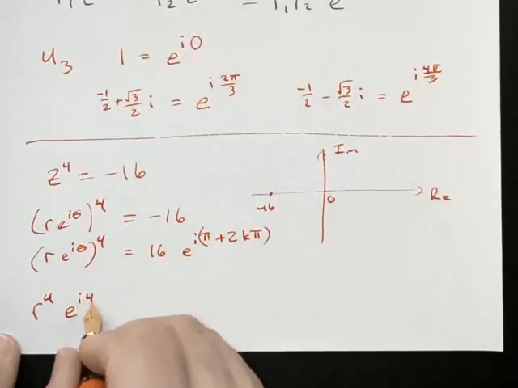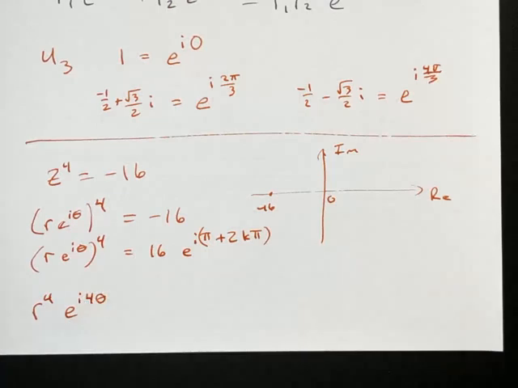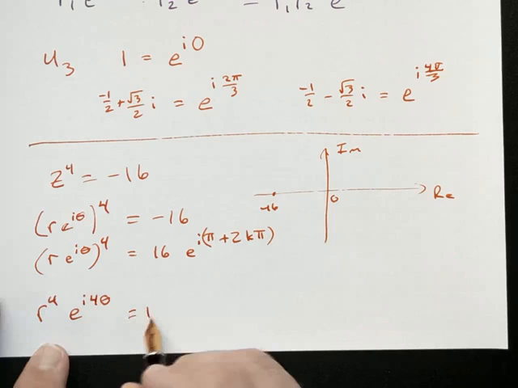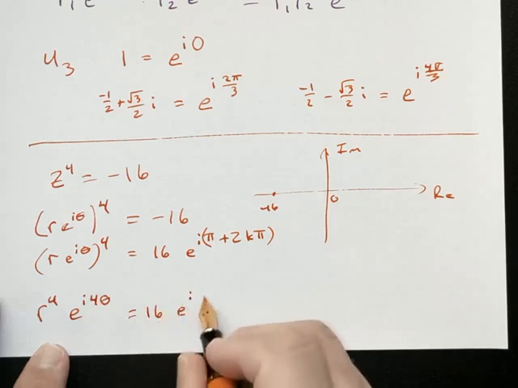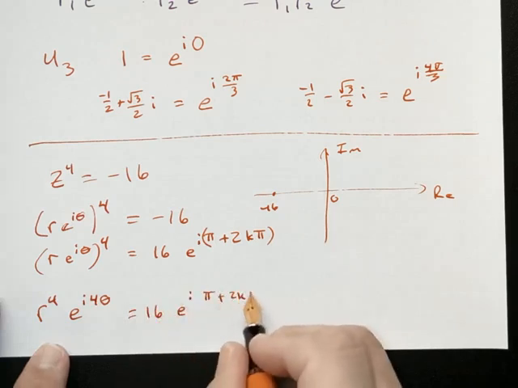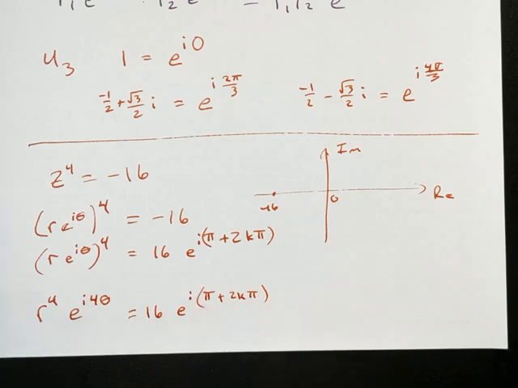I'm actually going to write it as i times 4 theta rather than 4i theta. Promise there's a reason for that. But that is equal to this thing over here on the right. That's 16 e to the i times pi plus 2k pi, in parentheses. You with me so far? It's a hell of a walk.